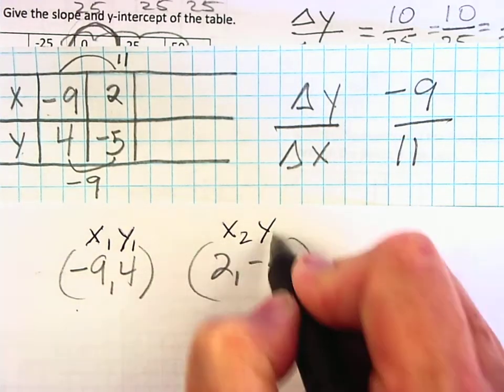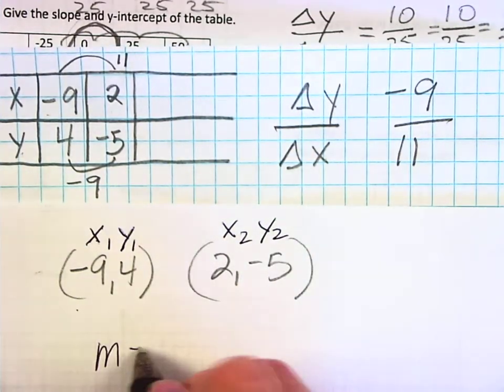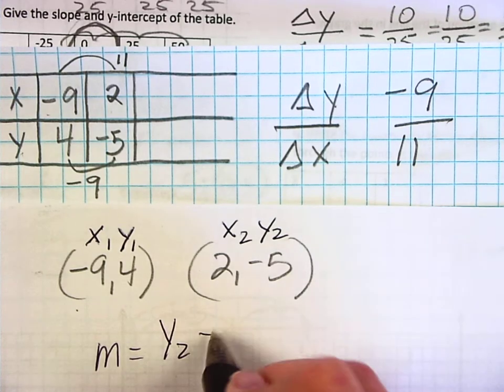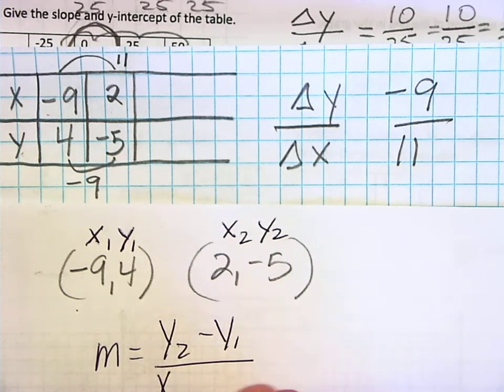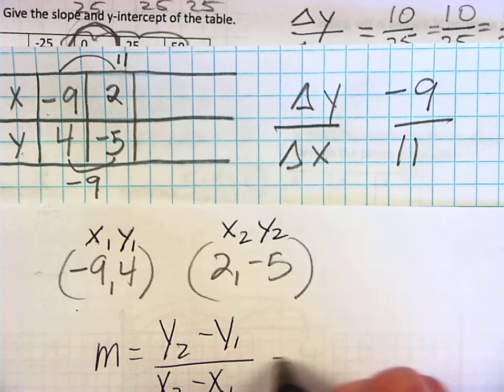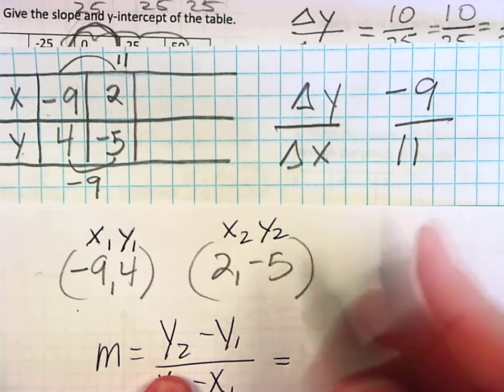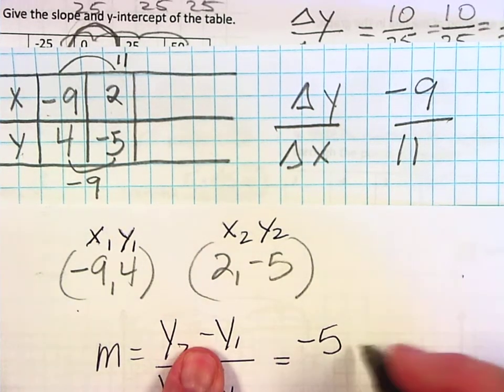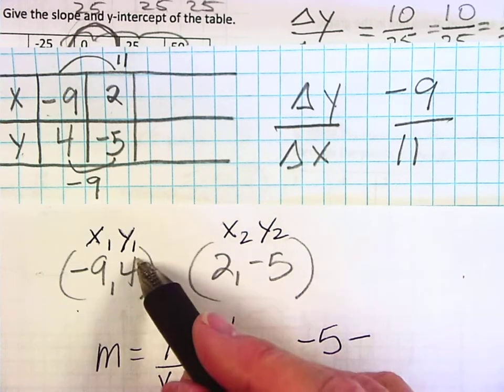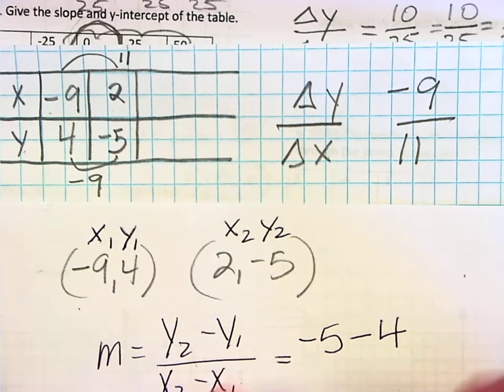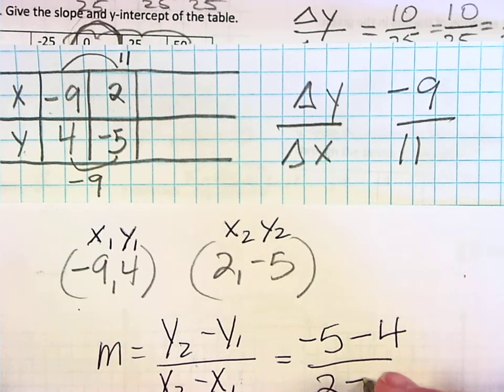We're going to call this point 2. And we're going to plug these values into our formula. Y sub 2 is -5 minus y sub 1, which is 4. X sub 2 is 2 minus x sub 1, which is -9.